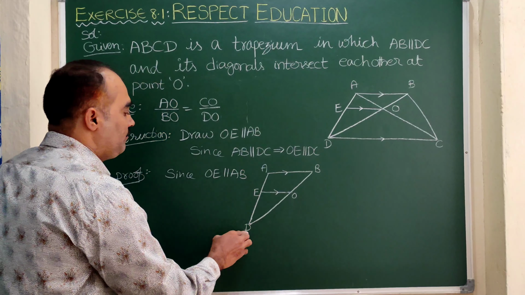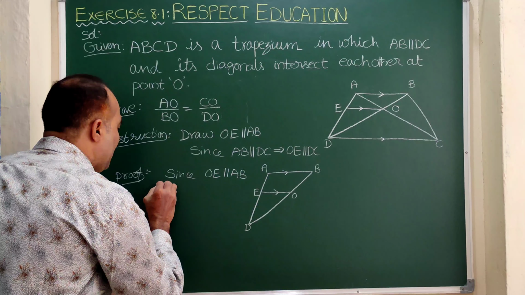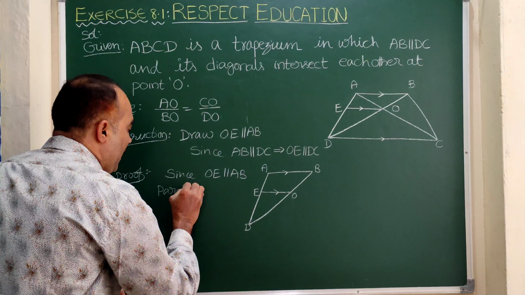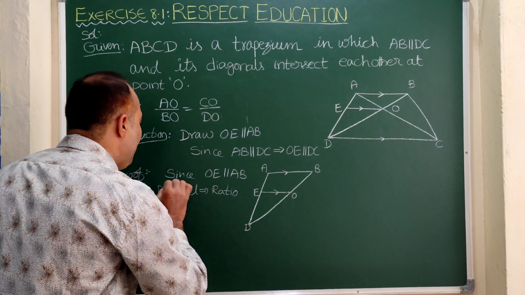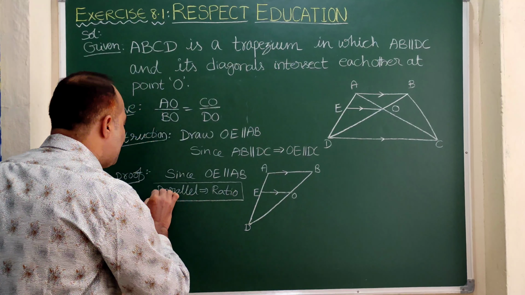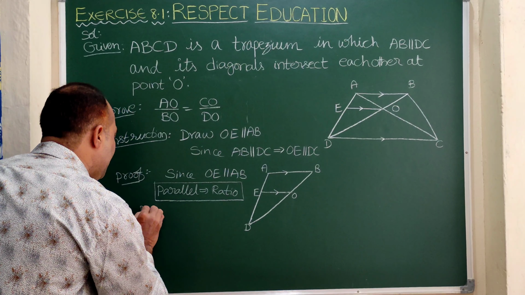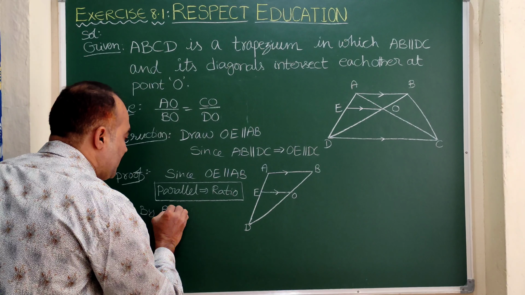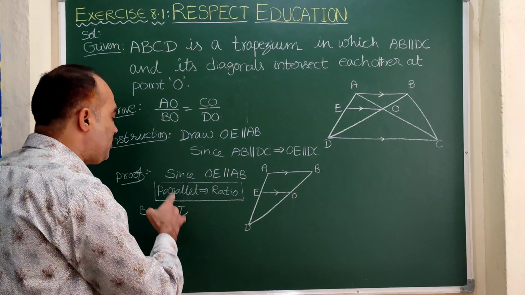As you know, if the lines are parallel, the corresponding ratios are equal. So by BPT, basic proportionality theorem, we can apply it.